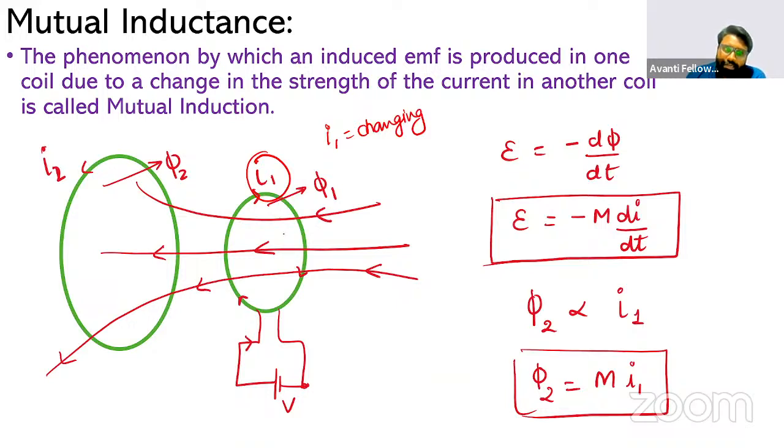But the magnetic field lines passing through this loop will also get changed if this I1 is changing. So due to the change of magnetic field, इस loop में भी induced current हो जाएगा, and it will be according to Lenz law.